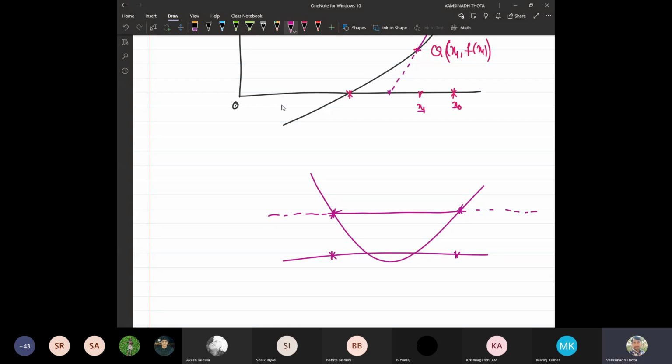What is going to happen? This line will not intersect the x-axis, because the value of this function at this point and at this point are the same. This is x0 and this is x1. F of x0 and f of x1 have the same value.